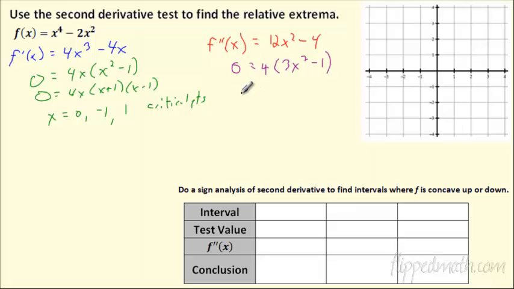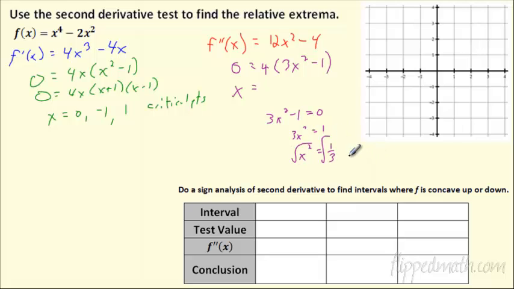So if I solve this, 4 will never be 0. When does this parentheses equal 0? Well, you got to solve it. We'll add 1 to both sides and then divide by 3. Ooh, this is not so friendly.